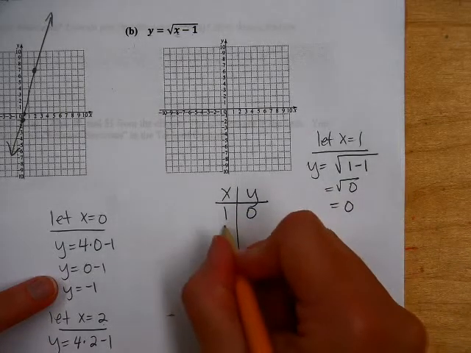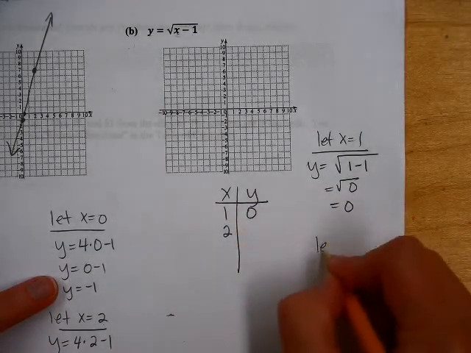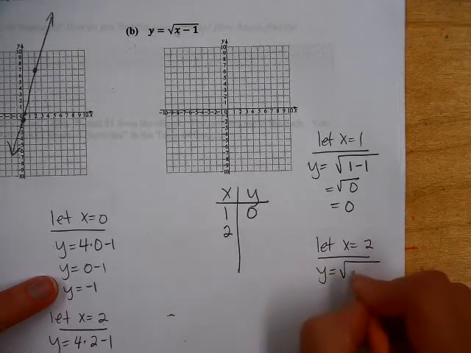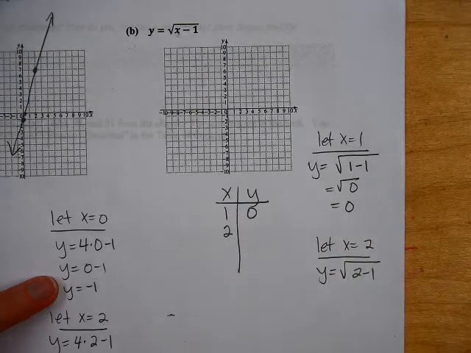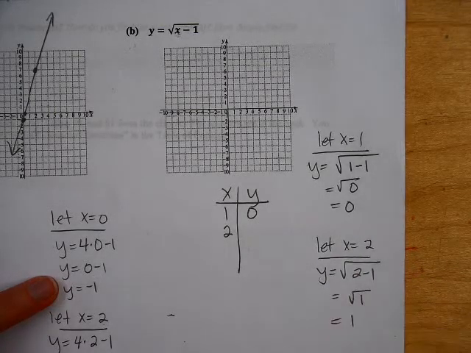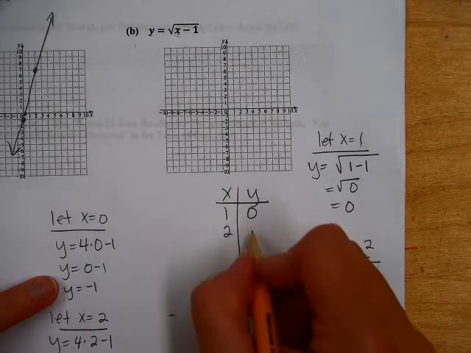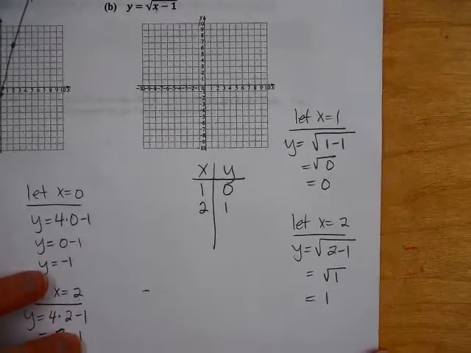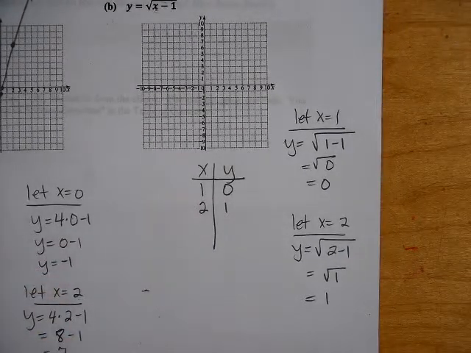Well, let's let x be 2. If I let x be 2, I get y equals the square root of 2 minus 1. 2 minus 1 is just 1. The square root of 1 is 1. So when x is 2, y is 1. Now, you might think, well, let's let x be 3 next.